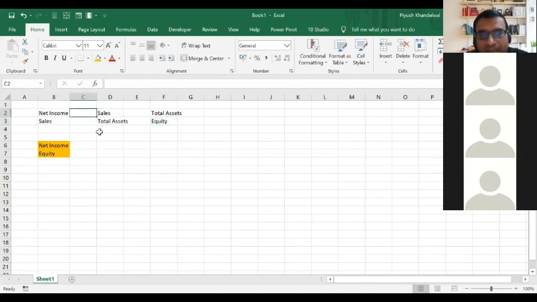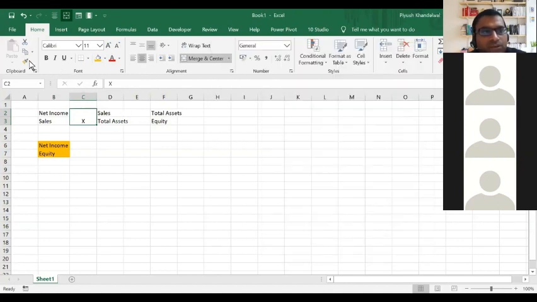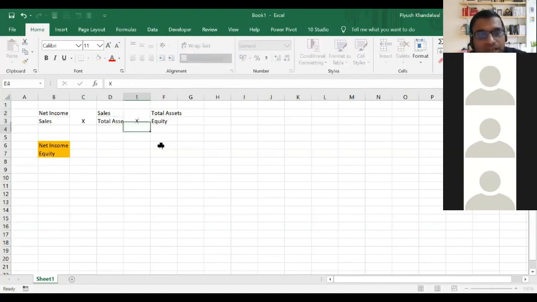And if I multiply this, I will just ignore the formatting bit for this. Okay, if I multiply these three ratios, it is going to give me the same result which I am talking about.